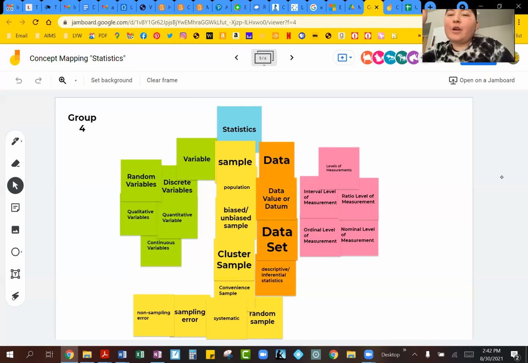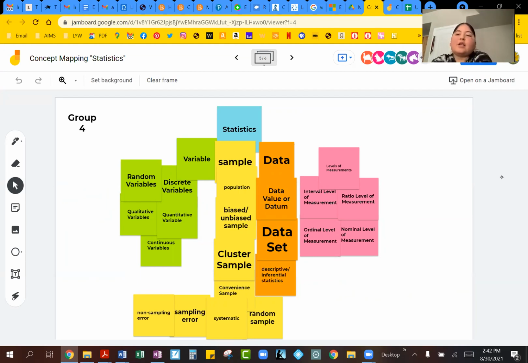Okay, so for our group, the main is statistics, obviously. And we've broken it down to variable, sample, data, and levels of measurement. As you can see, the variables, like random variable, discrete, qualitative, are all in green, all the sampling, such as population, cluster, systematic, are all in yellow.